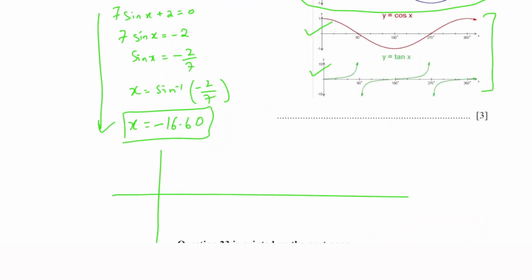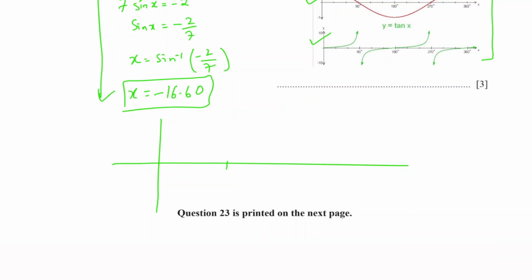See how it happens. Let's say this is 90, this is 180, this is 270 and this is 360.